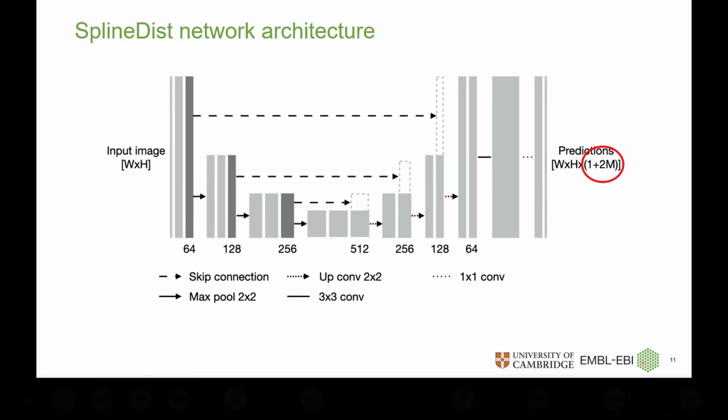The part that is different from StarDist is, if you remember, apart from the object probability, StarDist was predicting a set of radii, while for SplineDist, for m control points, we need to predict twice that, since we need to get the two-dimensional coordinates for all the control points.